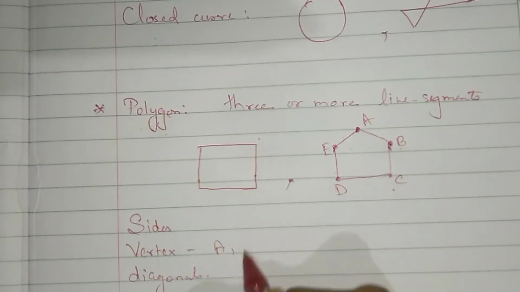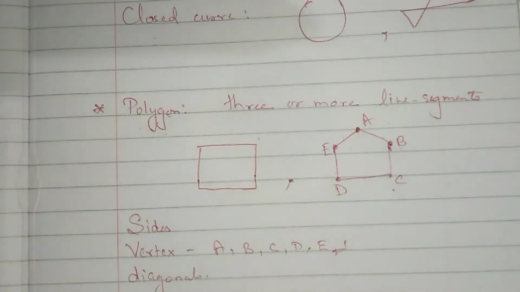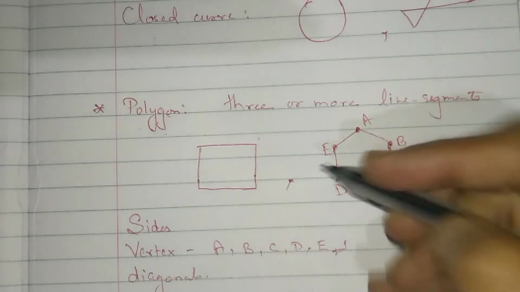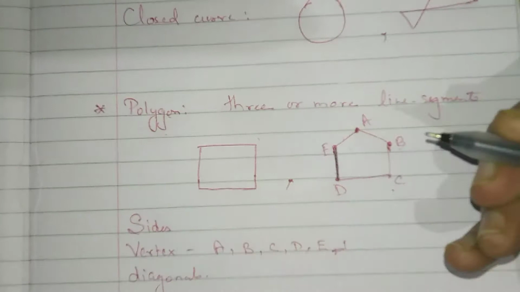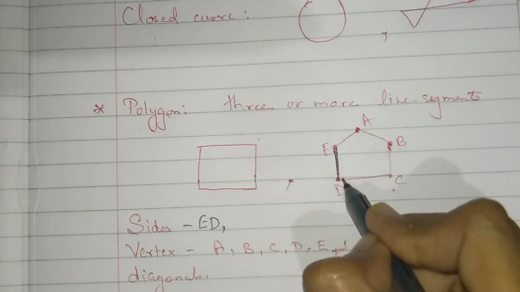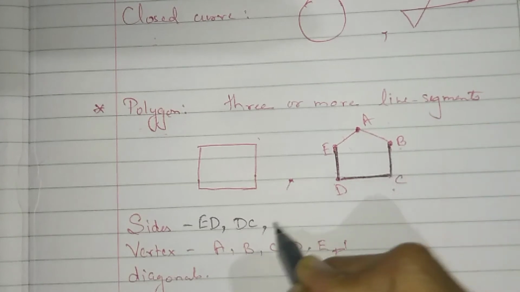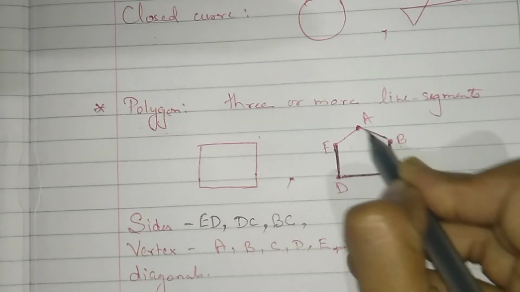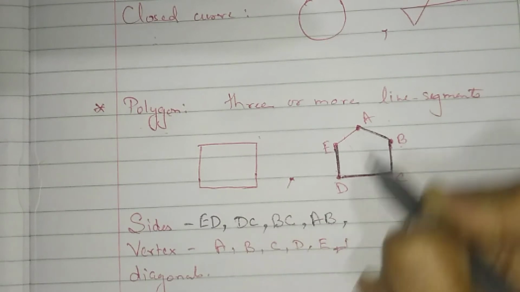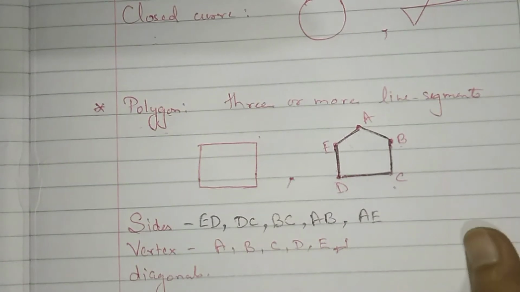So I can write A, B, C, D, E. A, B, C, D, E are the vertices. And which are the sides here? ED, DC is also a side, BC, AB, and AE. Those all are the sides.